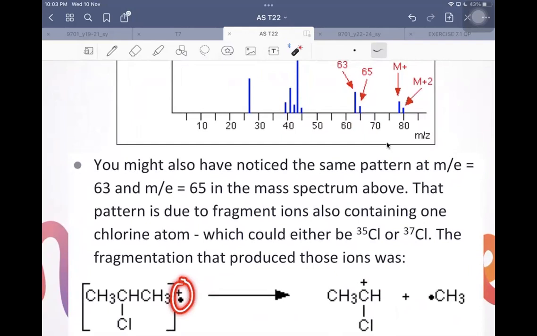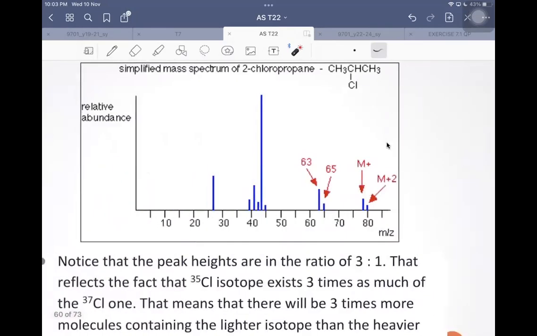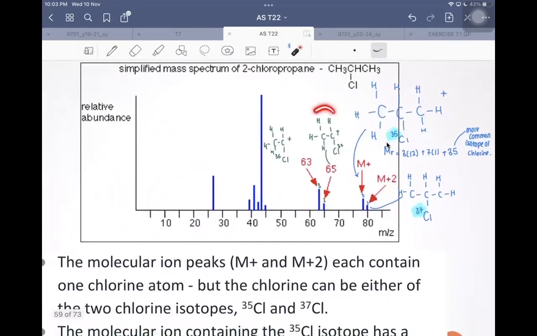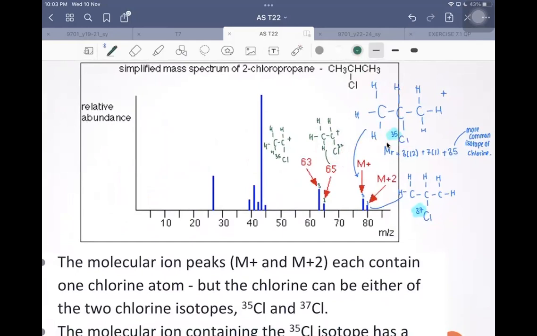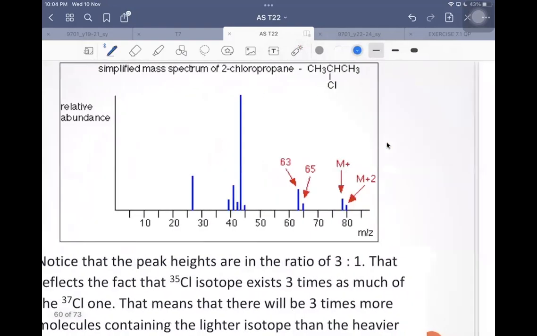But in reality, the fragmentations are formed from the molecular ions, but it doesn't matter as long as you label it correctly. Only positive species will be detected. I forgot my positive charge here. Also, I left out a hydrogen. So this should be a positive charge.